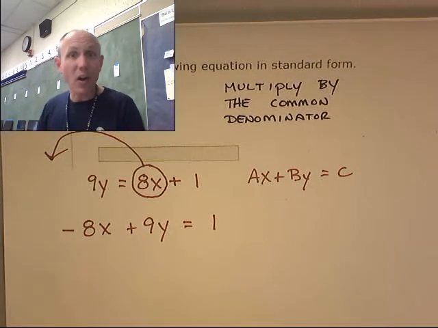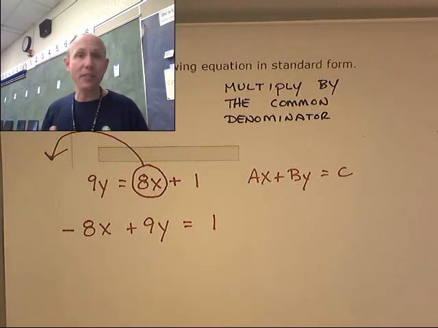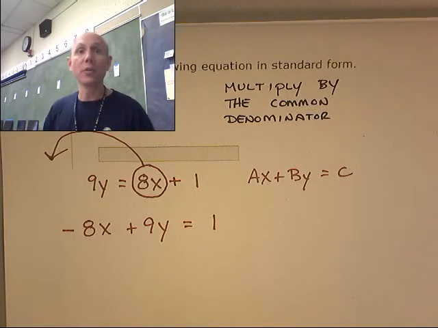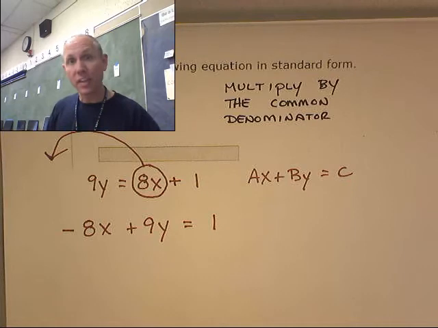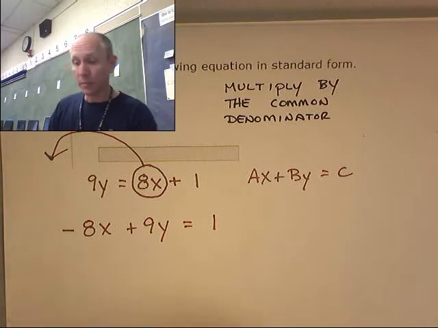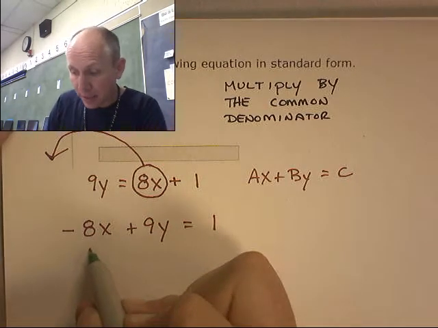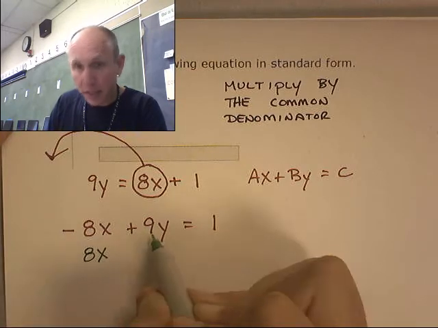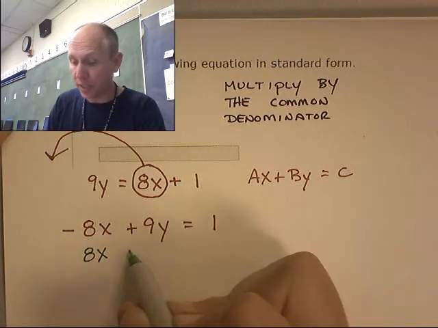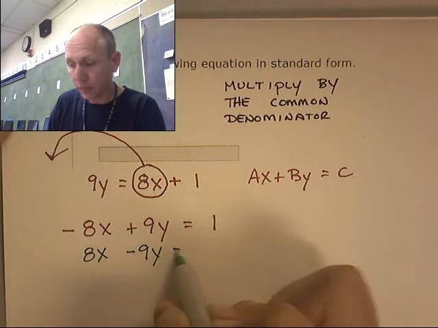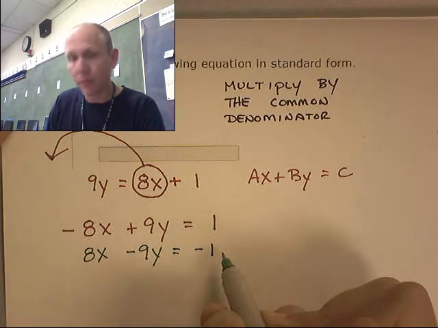There's a negative on the x term, and I can't have a negative on that x term. So what I'm going to do is go through the entire problem and make everything the opposite. So this will become a positive 8x. This guy has to become his opposite, which is a negative 9y, equals negative 1.